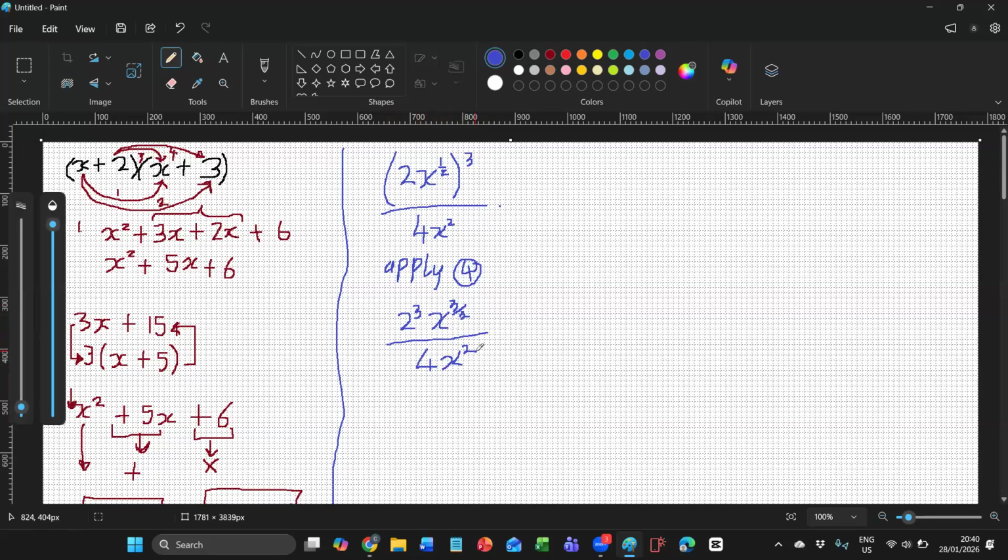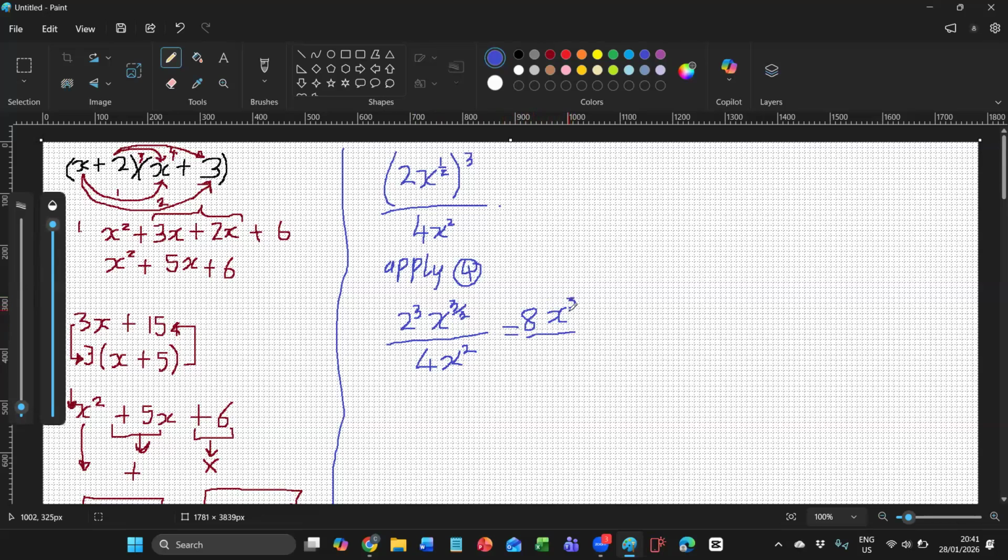The next question we'll ask ourselves is, which law is the next to be applied? Now, 2 raised to the power of 3, like you said back then, is what? 8, right? So things can simplify a bit, because I have 8 on top and 4 at the bottom.